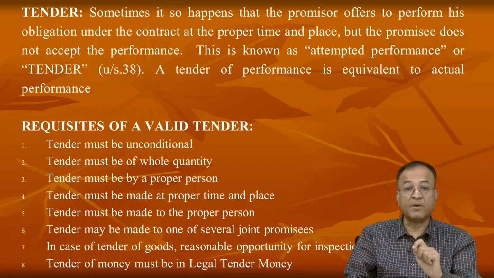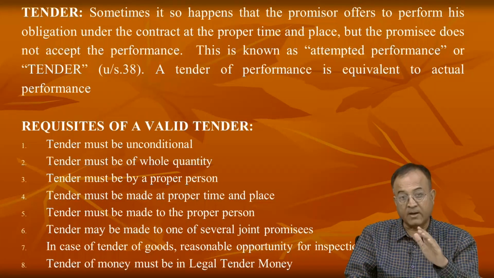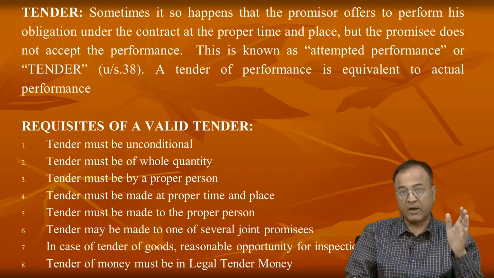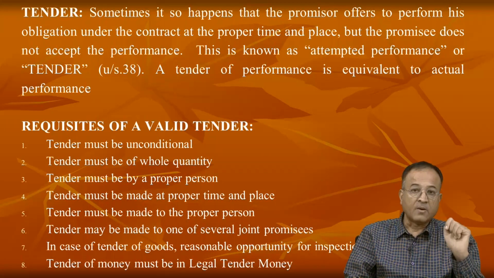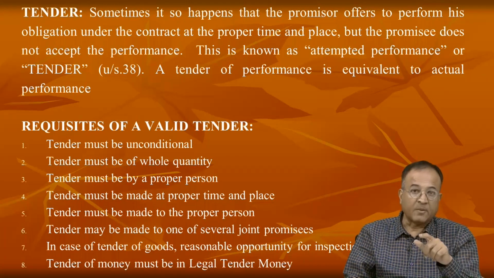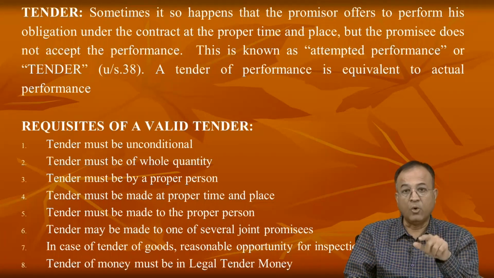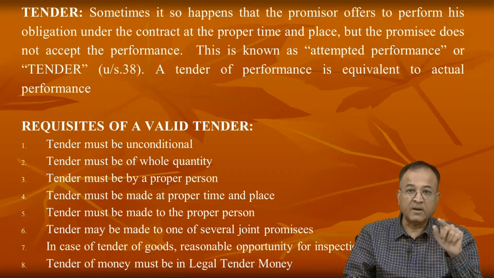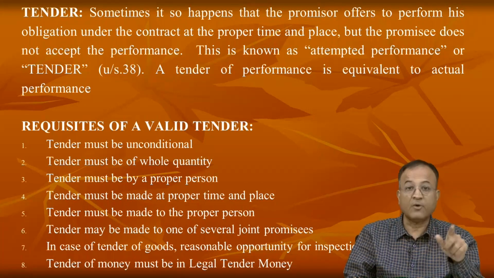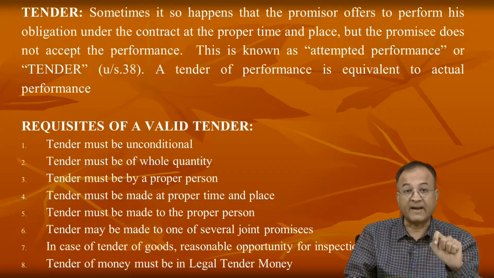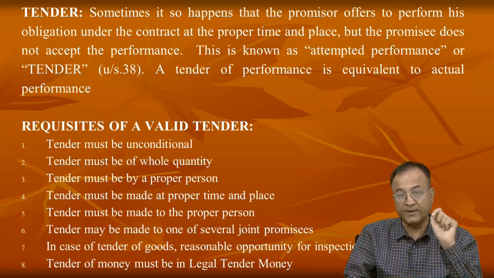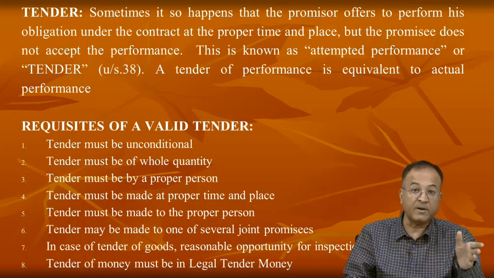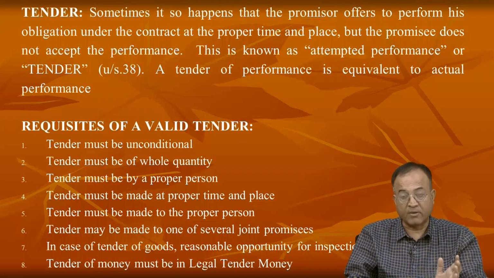B. Tender must be of whole quantity. A valid tender must be of the whole quantity contracted for or of the whole obligation. A tender of an installment when the contract stipulates payment in full is not a valid tender.